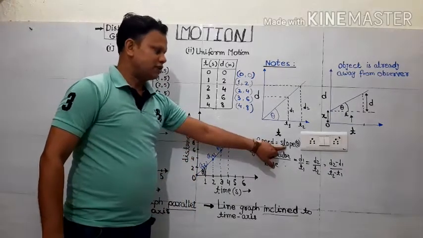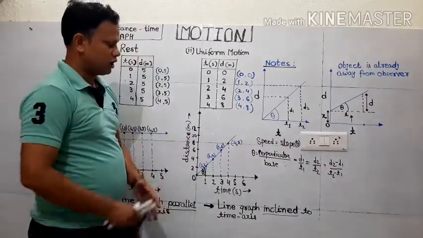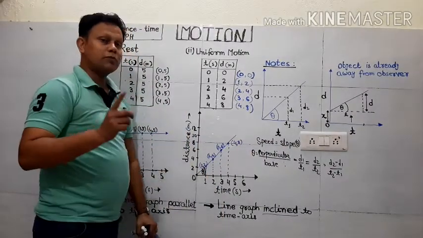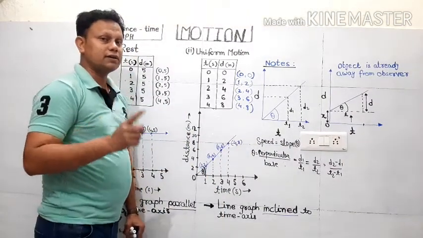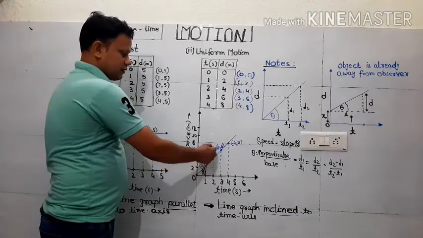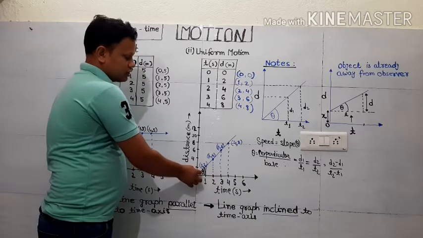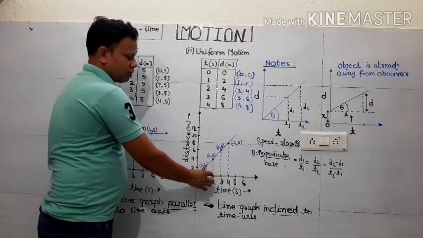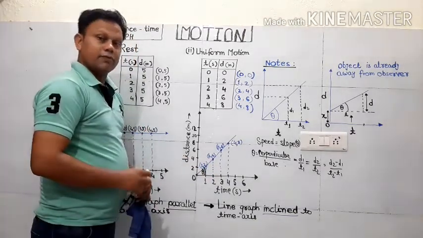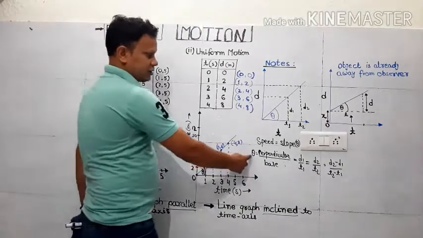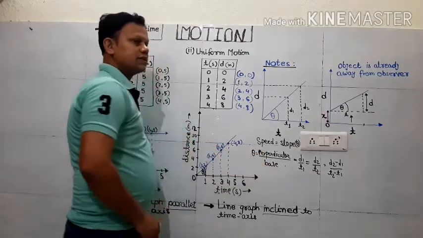Mathematically this slope is always equivalent to, as we have the mathematical notation of a right angle triangle, for this angle, this is taken as perpendicular and this is taken as base. So this angle is equivalent to perpendicular upon base. So theta is equal to perpendicular upon base.